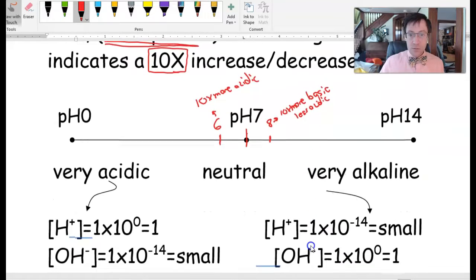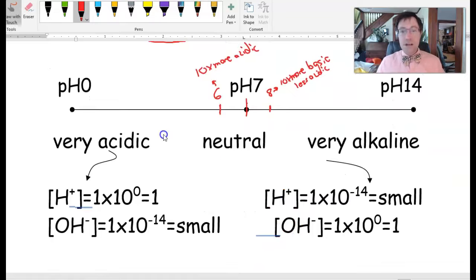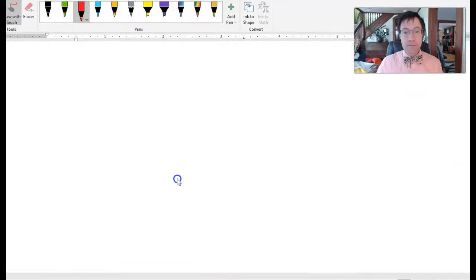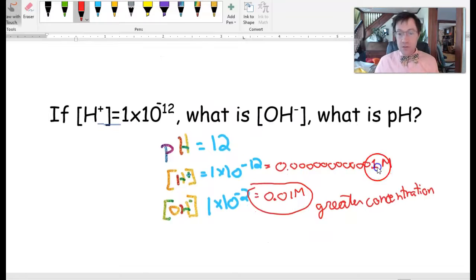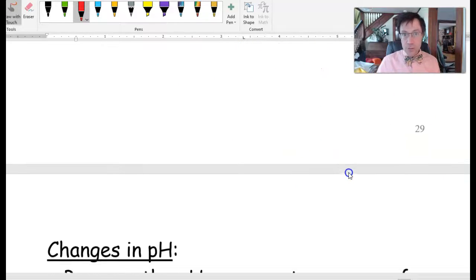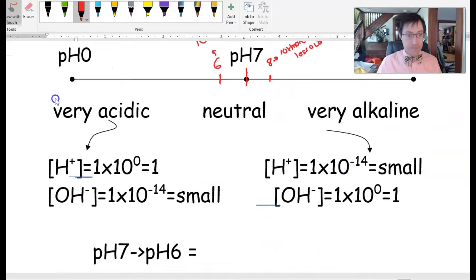Right. So here we go. This is kind of what I was talking about up here when I was writing out the exponents. The reason I did this is to help explain this. So a pH of zero, this is very, very acidic. Why?